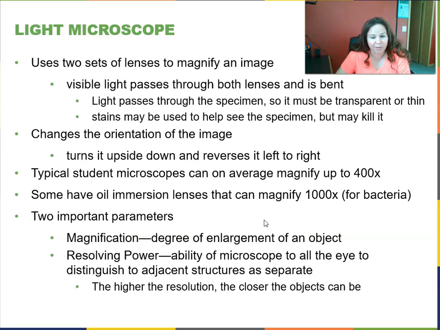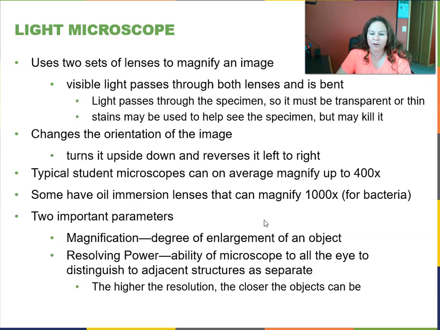However, with a regular eukaryote or animal cell, we can settle for magnifying around between 100 and 400 times to be able to view those cells and study them. Some important parameters with light microscopy are your magnification. That's the degree that you enlarge your object, such as enlarging it 400 times, or with bacteria 1,000 times.